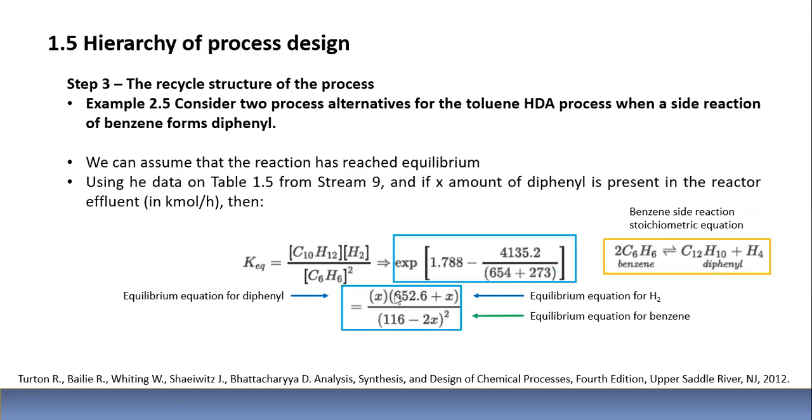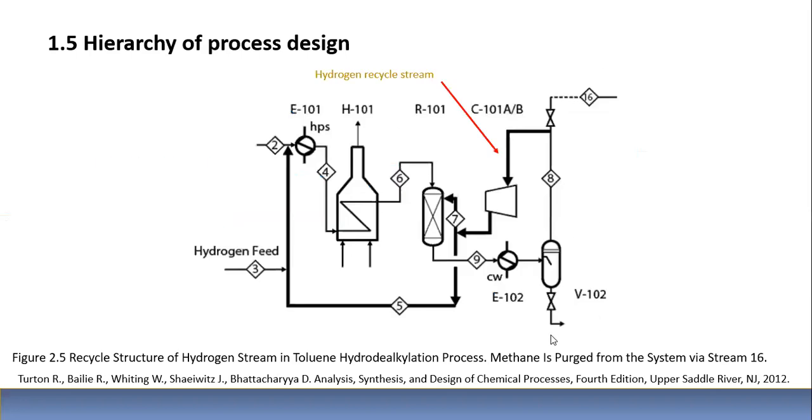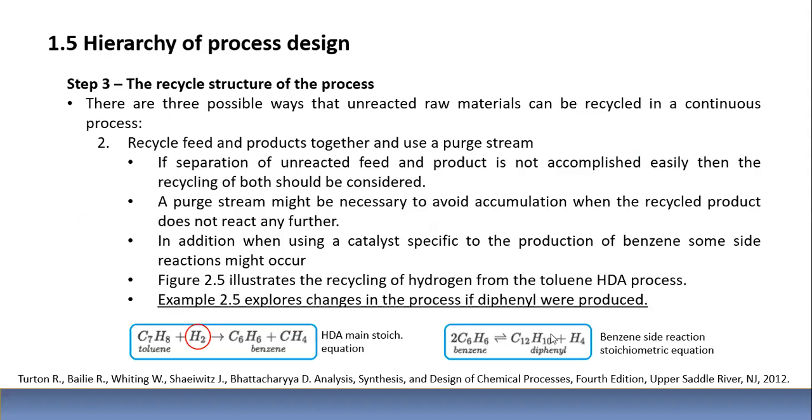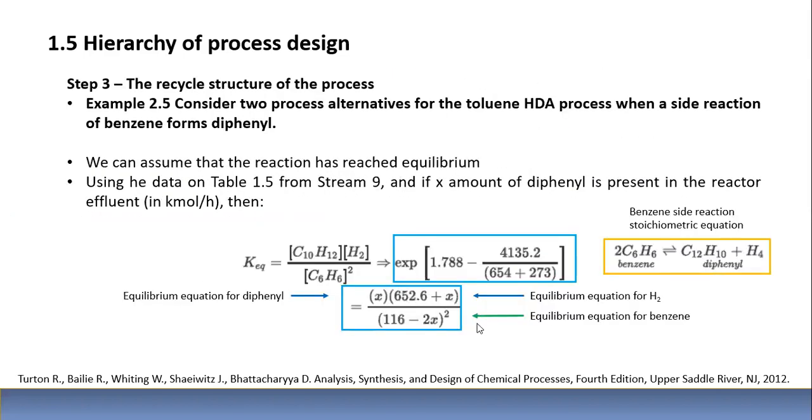We find that 652.6 was remaining after the reaction, plus an x amount of hydrogen as a result of this reaction. When diphenyl is produced, a certain amount of hydrogen will also be produced. That's why you have an x. So that x will add to the existing amount of hydrogen from the previous reaction.